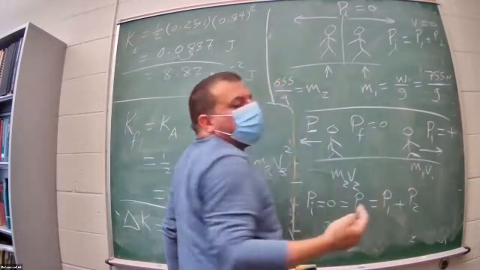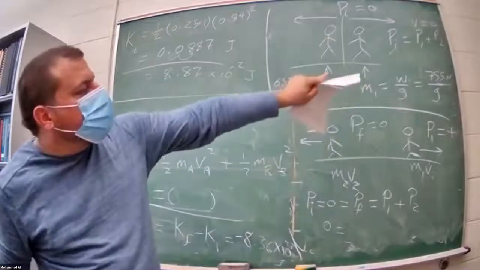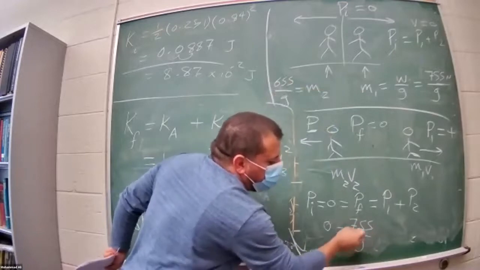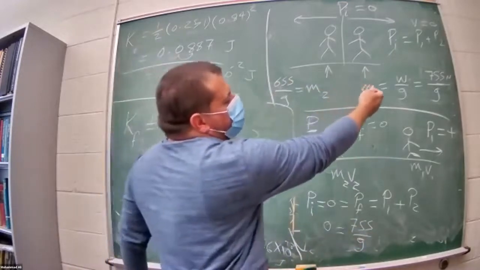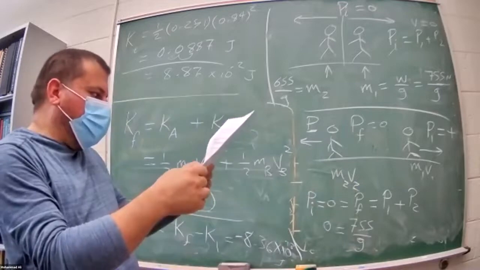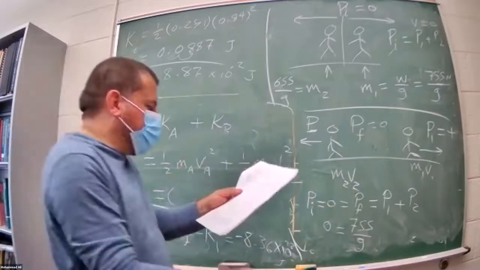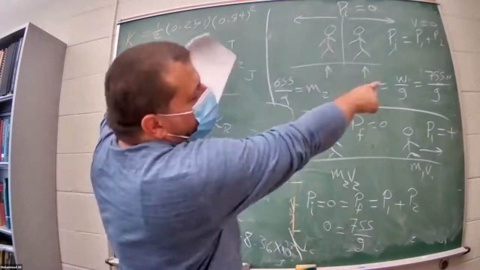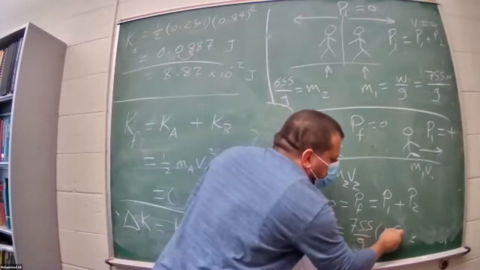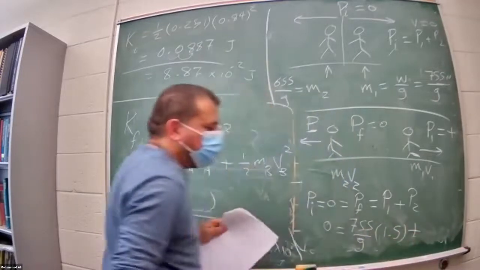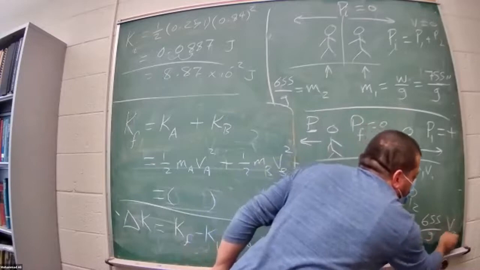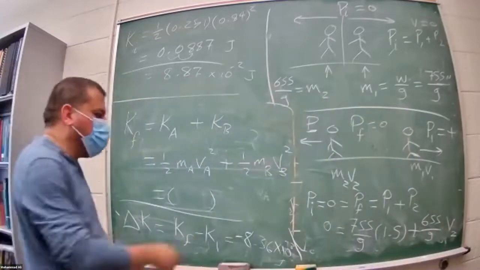We don't have the mass, we have the weight, 755 over G. This is the mass, because the weight is the mass multiplied by G, multiplied by velocity V1. Is V1 given or not? Yes, the heavier mass, which is 755, its velocity is 1.5, plus the second one, mass 655 over G multiplied by the velocity. We don't know the velocity now. We need to find it.